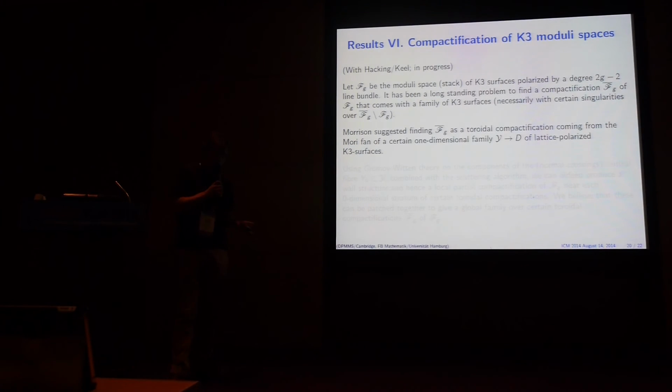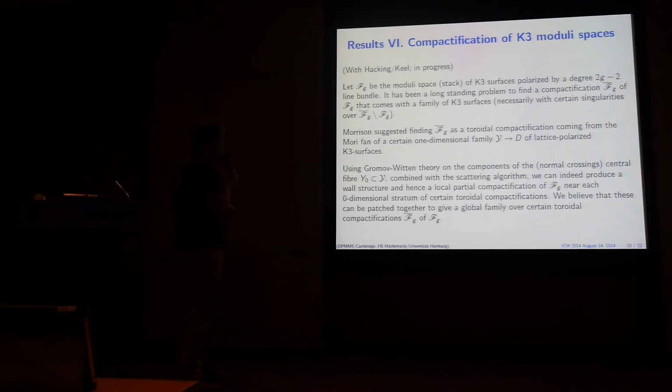And you can take a look at the Mori fan of that family, the relative Mori fan of that family, and use that to construct a toroidal compactification of Fg. So we seem to be fairly close to carrying this out. I'm a bit reluctant to make precise statements at this point. But basically, we can do something very similar to what we did for this rational surface case. We can use Gromov-Witten theory, essentially on the central fiber, to construct a mirror family, again using our wall crossing structure technology.